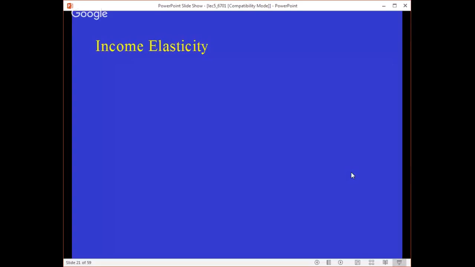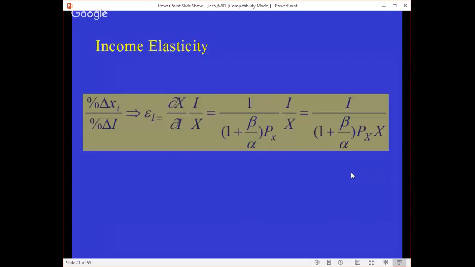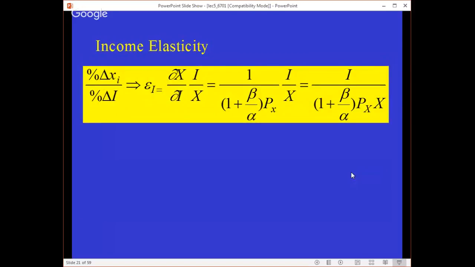X is canceled. That's it. Do it here. What am I doing? Not PX, this is income. You guys should have caught that. Okay. So that's income elasticity.